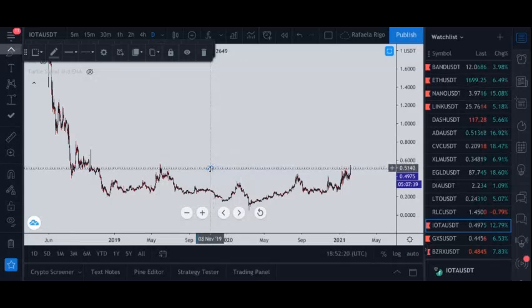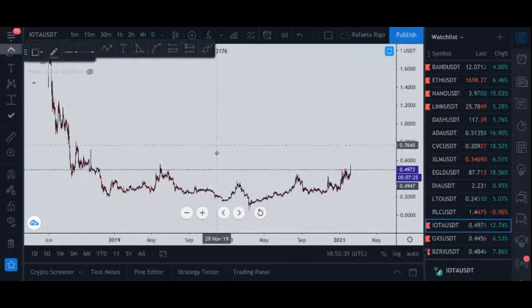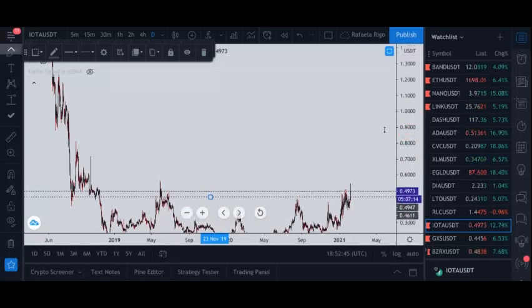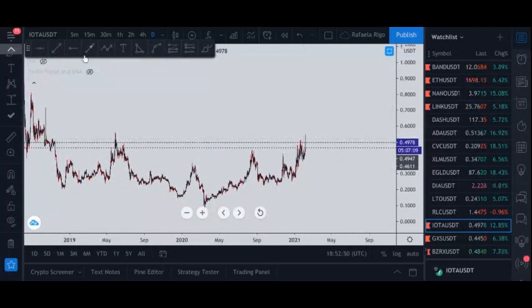So for me, I try to go lower instead of higher, because if I leave it here, right? But then lots of sellers will set the selling orders here. So therefore, my selling order not gonna be triggered, and then I'm gonna lose money, right?